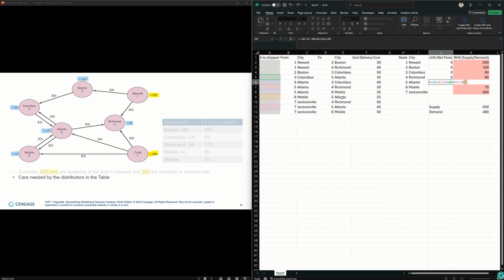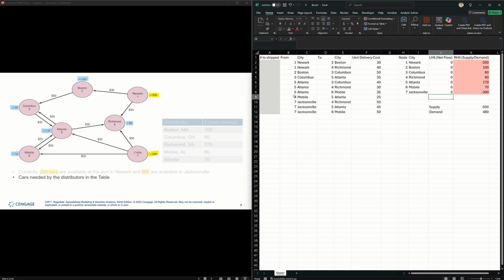Then we have Mobile. Again, anything that leaves Mobile, we have only 1, that is minus. Anything that goes to Atlanta is plus. We have 1 and another. All right. Finally, Jacksonville. We have 3 arcs that leave Jacksonville, which makes it basically 3 minuses. So minus, minus, minus.